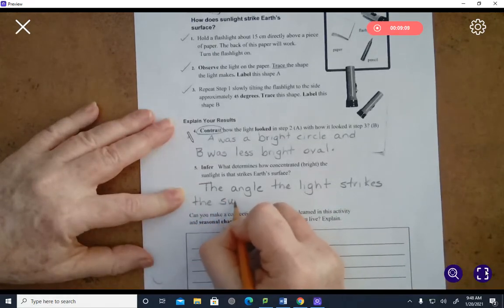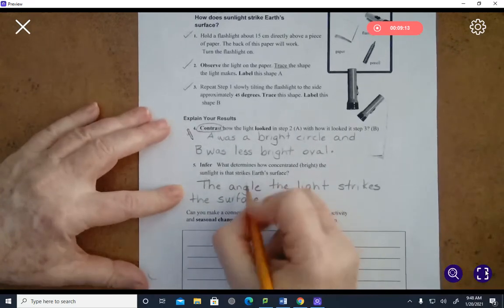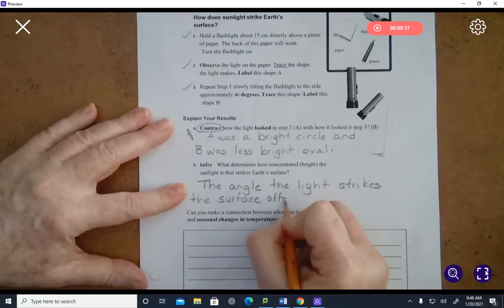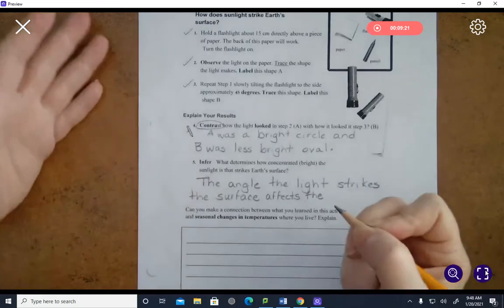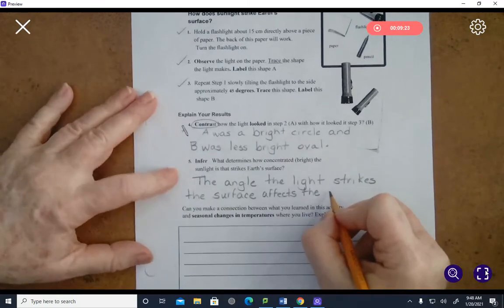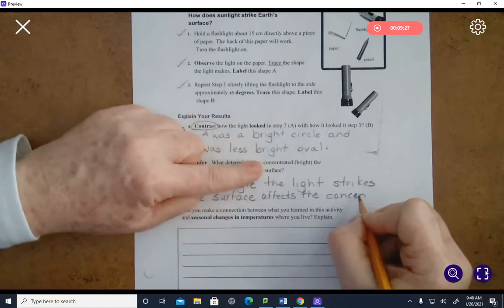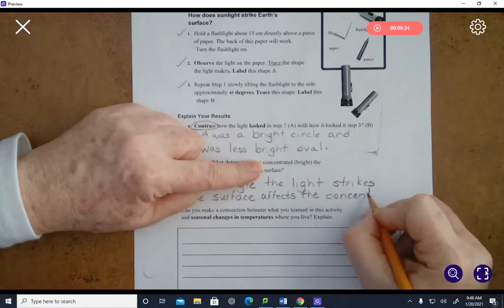Now that's not a complete sentence, so I'm going to complete my thought and say affects how bright or the concentration. I'm going to use a big word because I don't have to know how to spell it because it's sort of right there. Concentration.